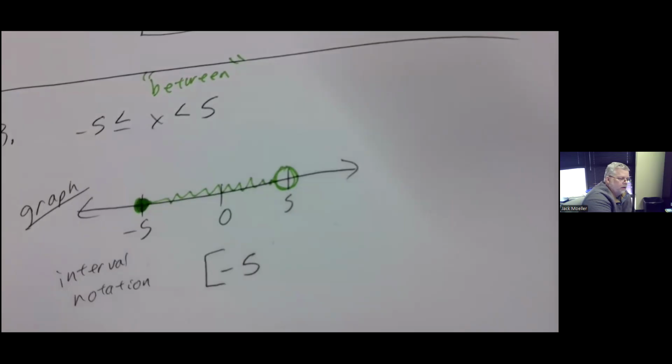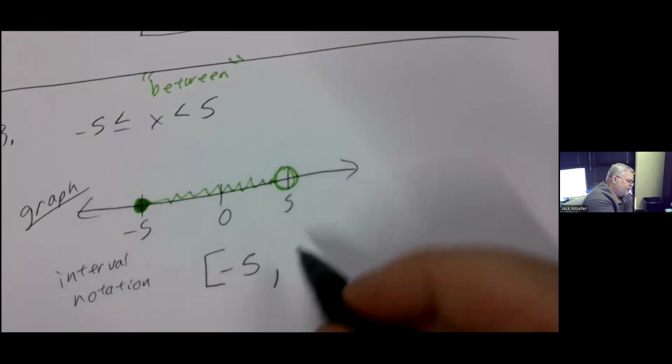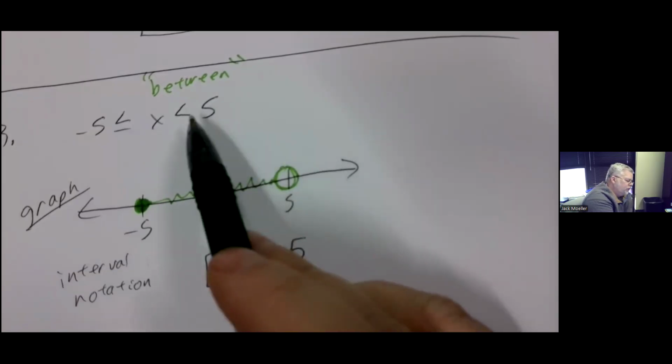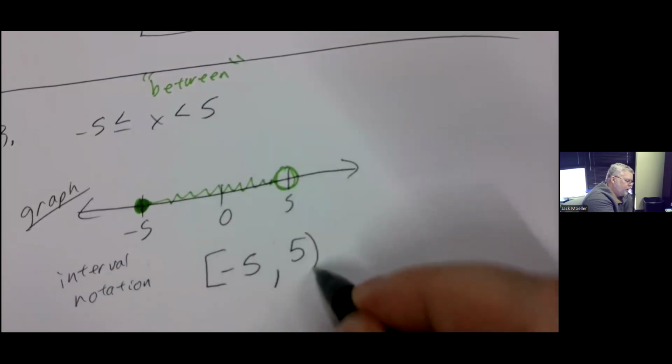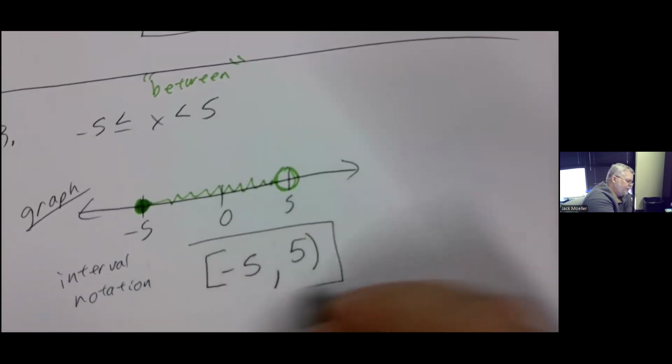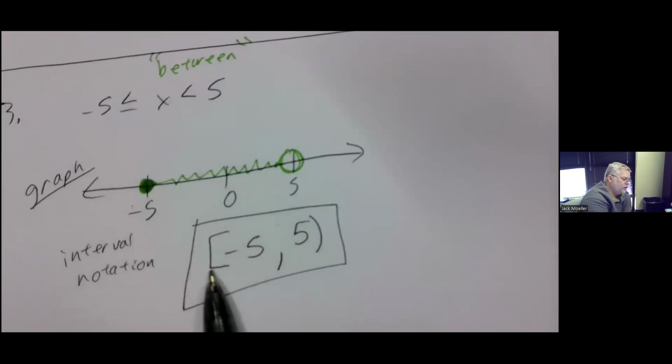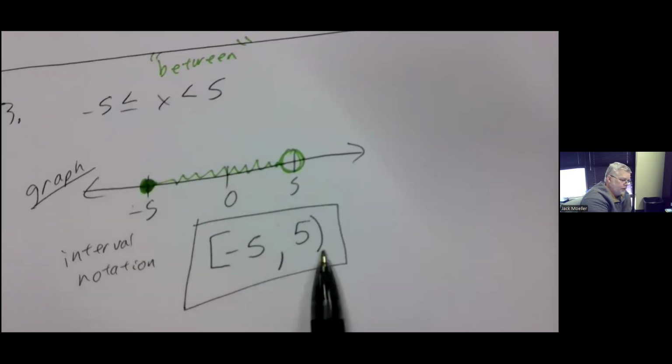We'll also use the bracket on -5, and then comma. 5 is the rightmost this graph goes. And then since there's no equals, we used an open circle there and parentheses there. So if you have a compound inequality, x is going to be between two numbers. So we're not going to have positive or negative infinity on the ends. We're going to have two numbers on the ends because x is going to be between those two.